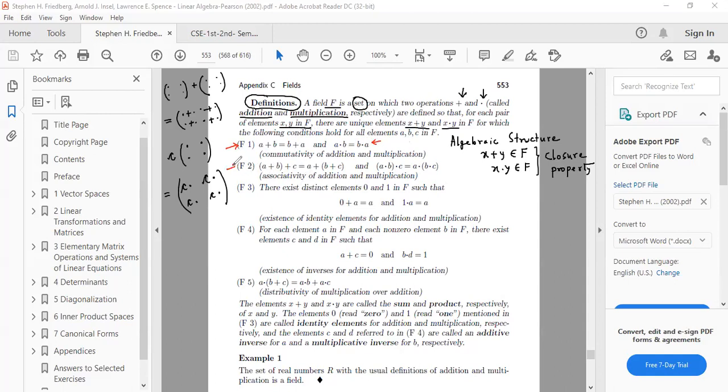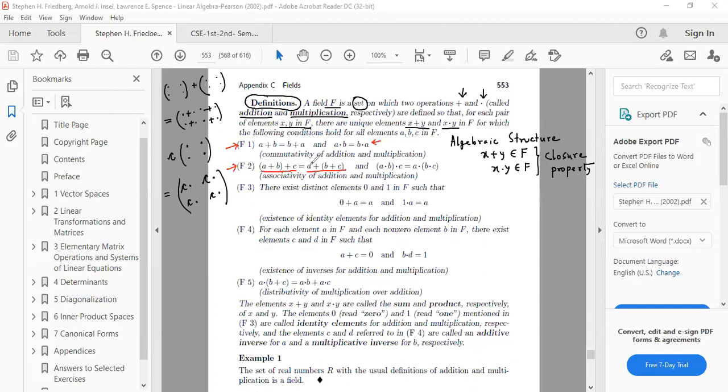The second property is F2, which demands that if I choose any three elements A, B, C from the set F, and I associate the two elements A, B with respect to addition, and then the outcome is added with the third element C, the result is the same as if I associate B and C together, and the outcome is added with A. So in whatever direction you try to do it, the ultimate result is the same.